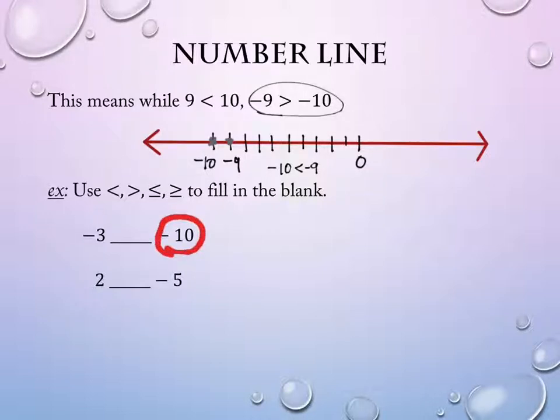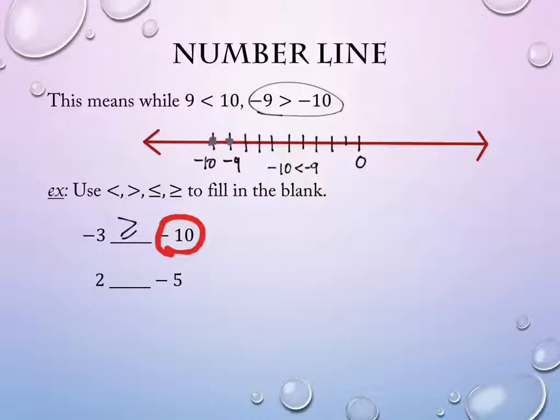Everybody good so far? The -10 is smaller. So we talked about last time that we want our inequality to open toward the larger value. In this case, that would be the -3. So this symbol would work, or the one that has the equal sign underneath. Either of those are appropriate in that blank spot because the -3 is bigger. It would come further to the right on the number line.